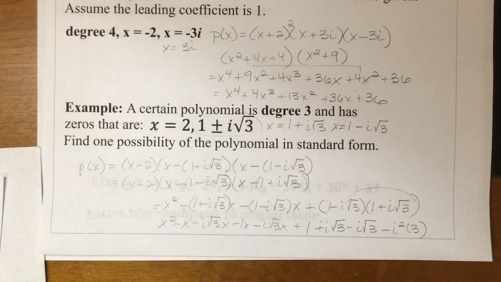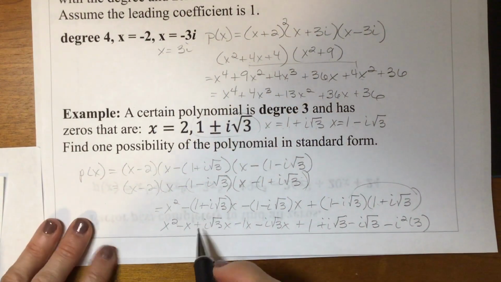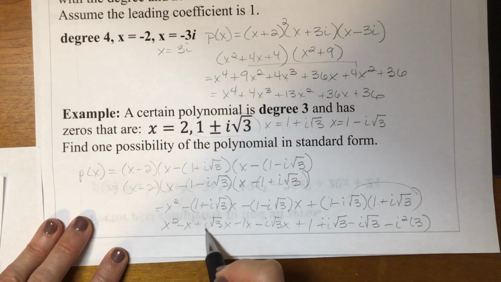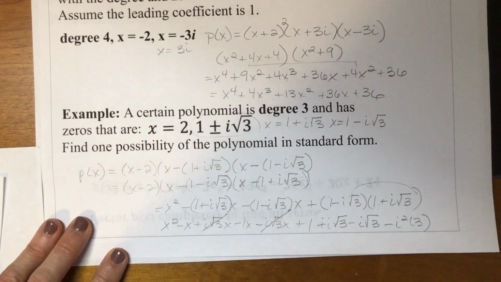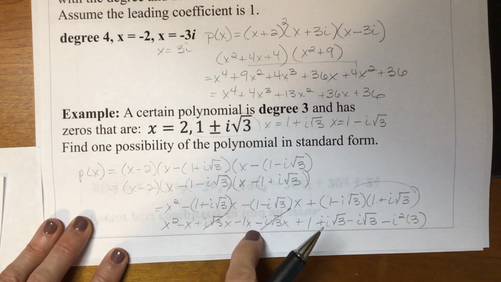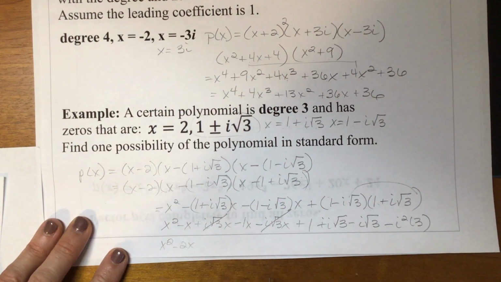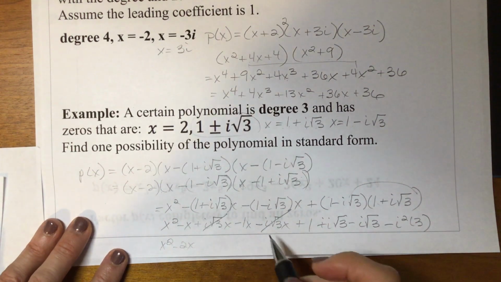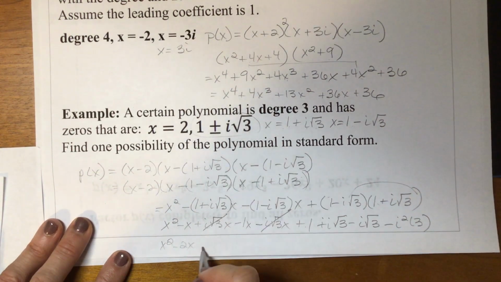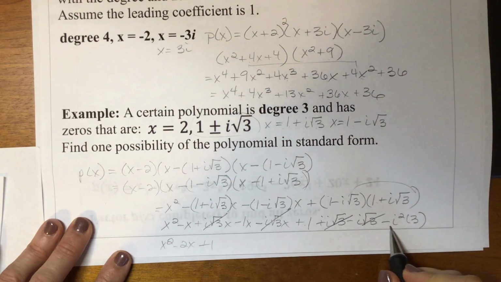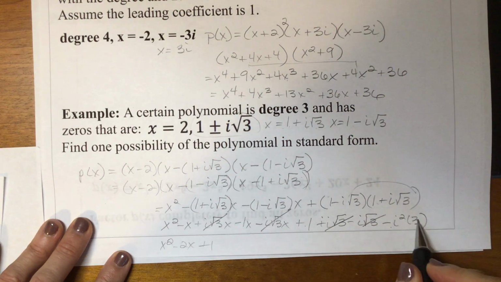So now I can start canceling things out. So I'm going to have these cancel out. Minus x, that is minus 2x. Over here, I'm going to have a 1. These cancel out. And then minus i squared times 3.